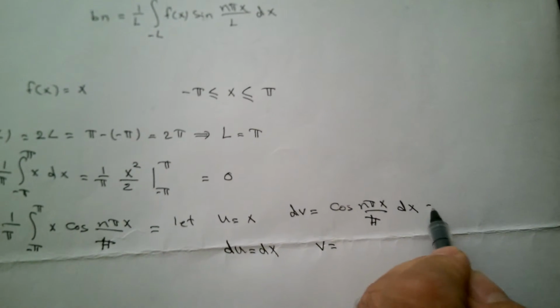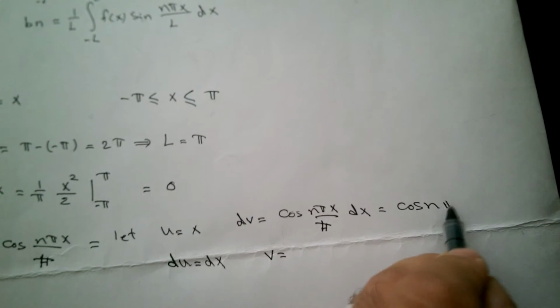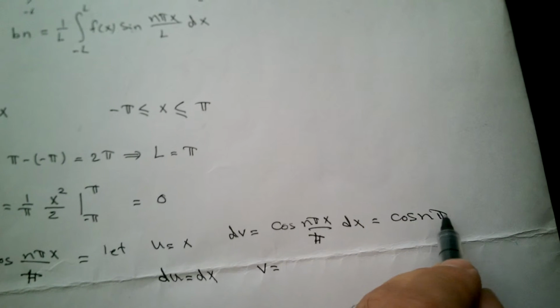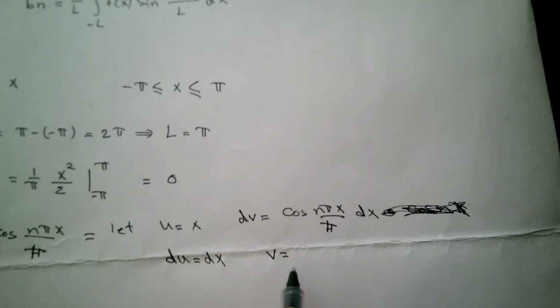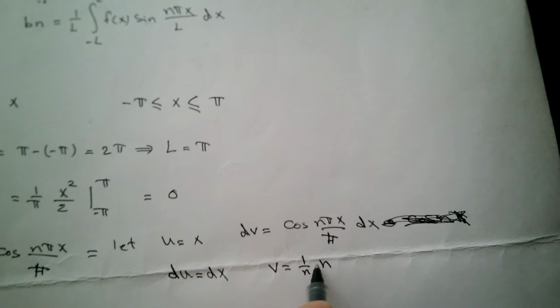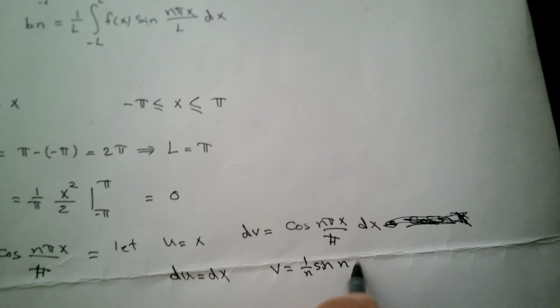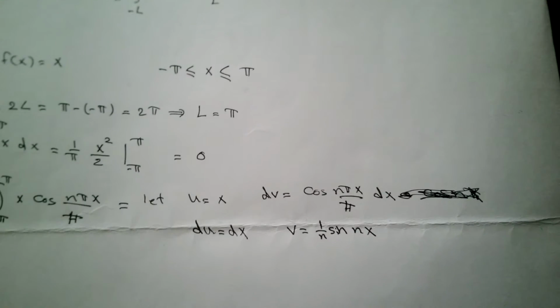So this term is equal to cosine of nx. Sorry, dv will be equal to cosine of nx dx, and v is equal to 1 over n sine of nx. We integrate dv and we get v.